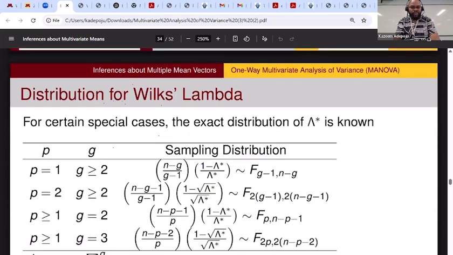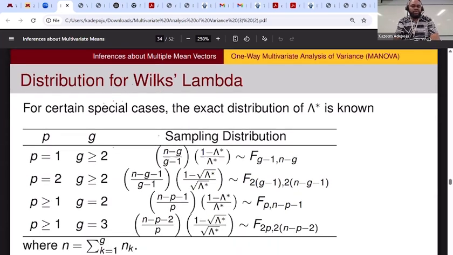But let me tell you this. We could have different critical values and test statistics depending on the number of features. For instance, if p equals 1, I'm only considering one variable, and I'm comparing two or more groups. This is going to be my test statistic. Now, in this test statistic, you see Wilks' lambda.